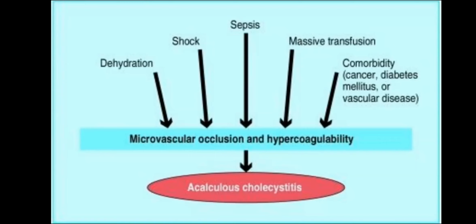It is not an uncommon entity, but compared to the calculous variety, it is rare. It is common in patients who have undergone major surgeries, trauma, burns, etc. And it is common in ICU patients, critically ill patients, maybe due to bile stasis, ischemia, and comorbidities. The exact cause is not known, but there will be gallbladder distension, and stasis and ischemia are more in these critically ill patients.